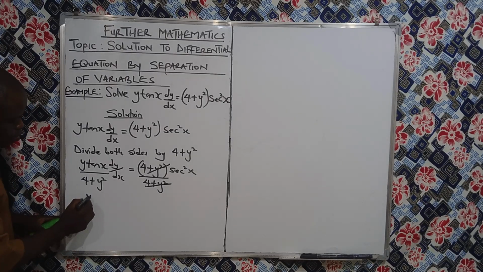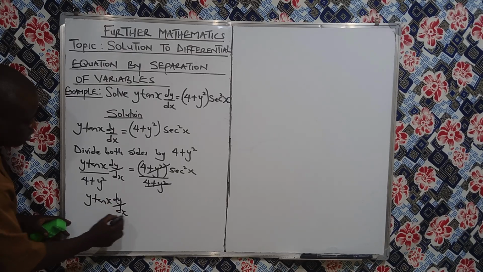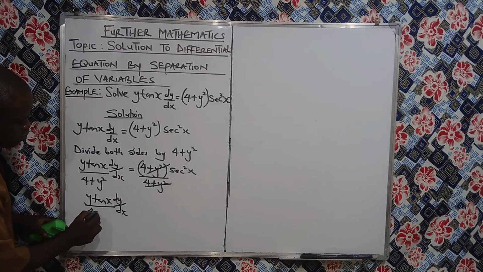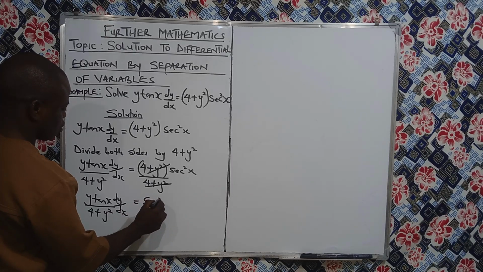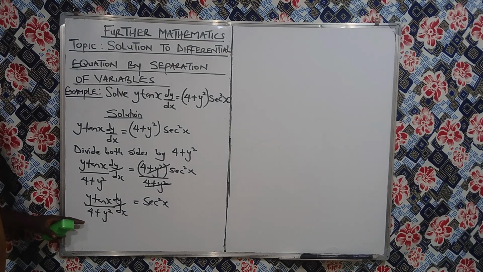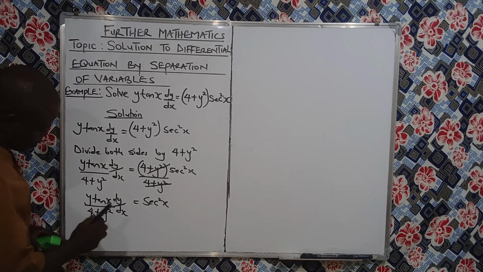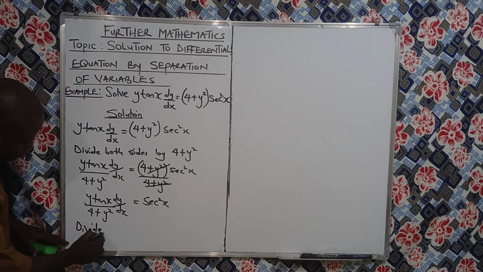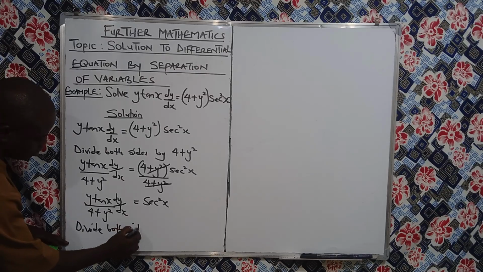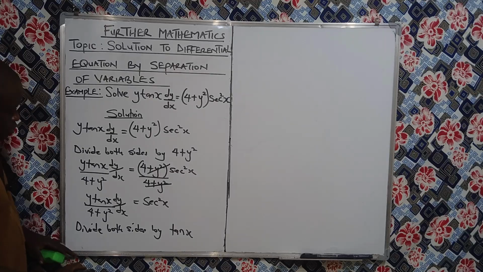Now y tan x dy over dx divided by 4 plus y squared equals sec squared x. Now you can see that what is odd here is tan x and dx. So say divide both sides by tan x.